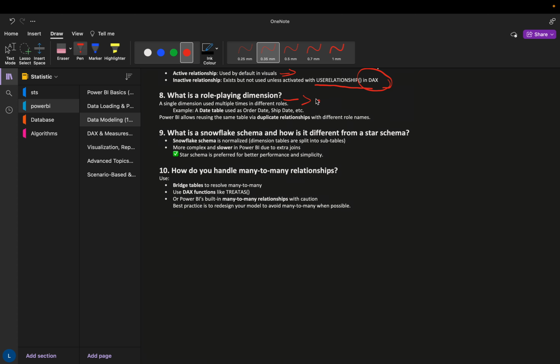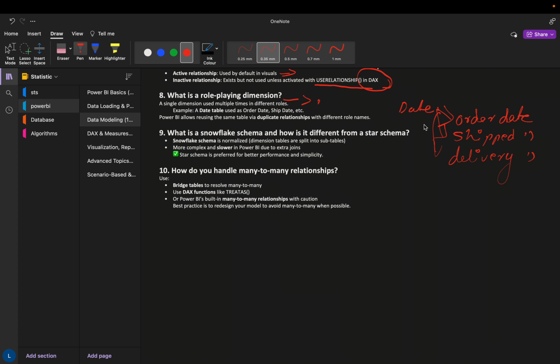Now let's understand what a role-playing dimension is in Power BI. Role-playing dimension means how a single dimension is used multiple times. For example, we are provided with one column called date, and this date column can be used as order date, similarly ship date, and delivery date.